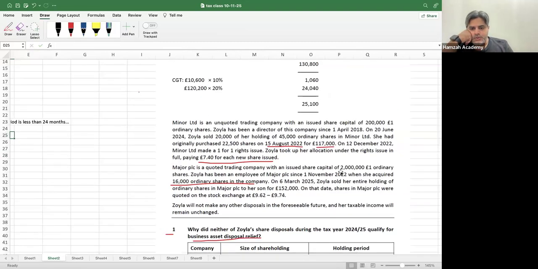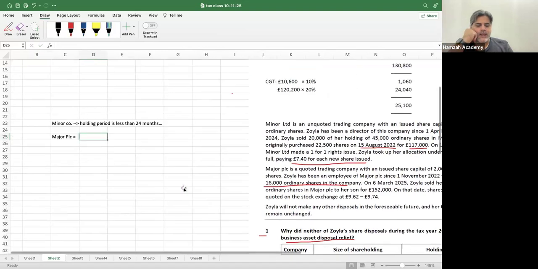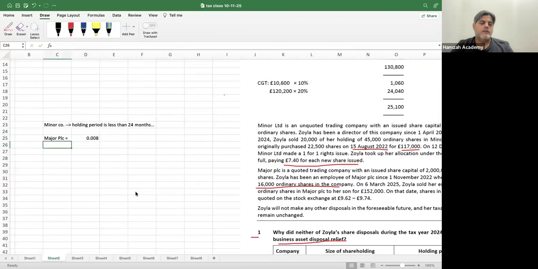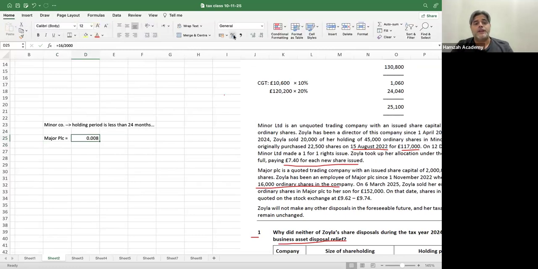And then for Major PLC, right? The 2 million is issued and she just had 16,000 over here. So 16,000 by 2 million. That's around 0.008, so that is 0.8% over here. So you need to have a holding of more than 5%, and that's just 0.8% over here.